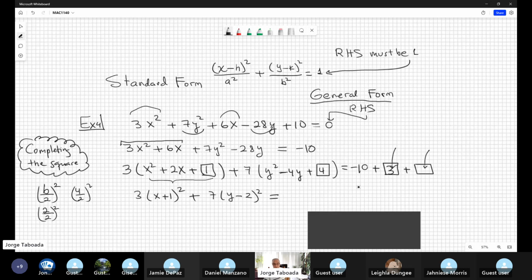To keep the equation balanced, the artificial 1 I create to complete the square is actually 3, because 1 times 3 is 3. And this 4 is not 4, it's 28, because 4 times 7 is 28. So now, in the right-hand side, we have 30, this and this together is 31, minus 10 is 21.